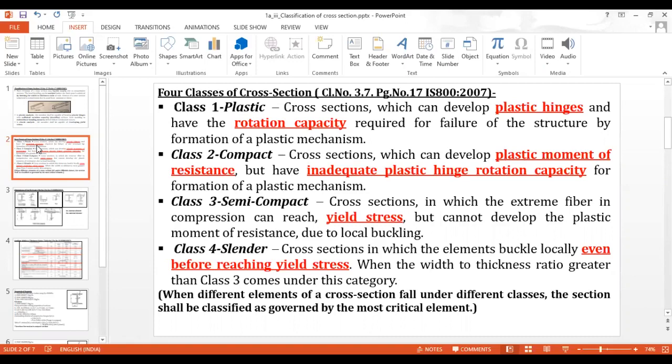When different elements of a cross section fall under different classes, the section shall be classified as governed by the most critical element. If we compare all these 4 sections, plastic sections are more preferable for the design of steel structure.